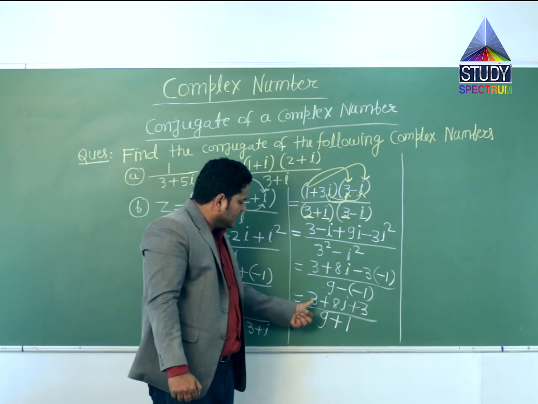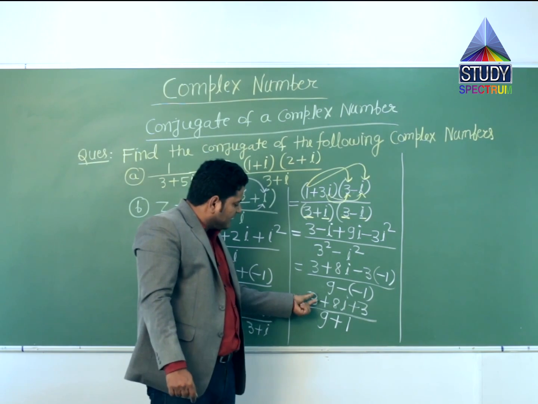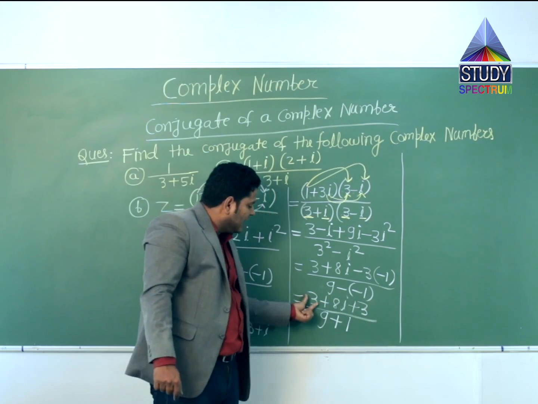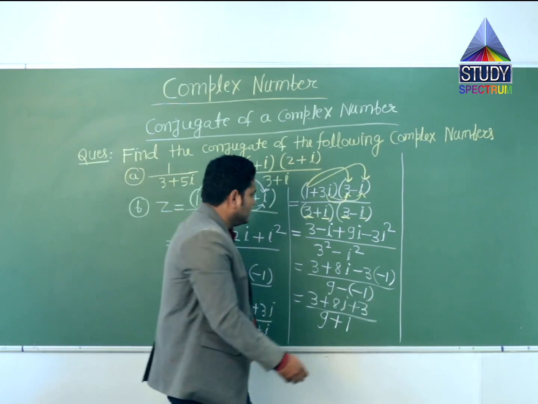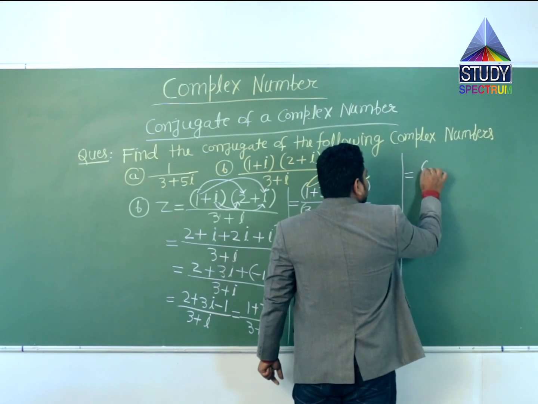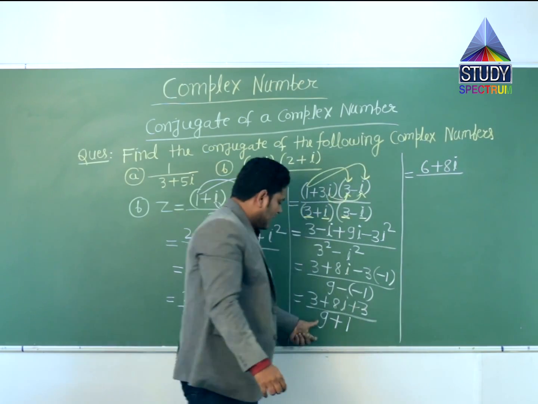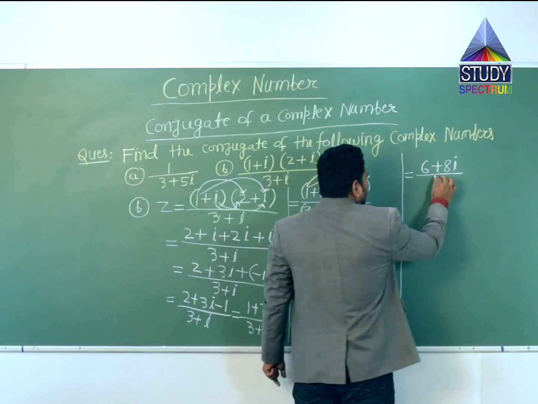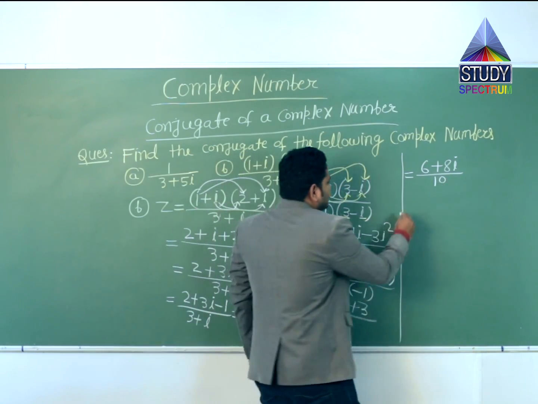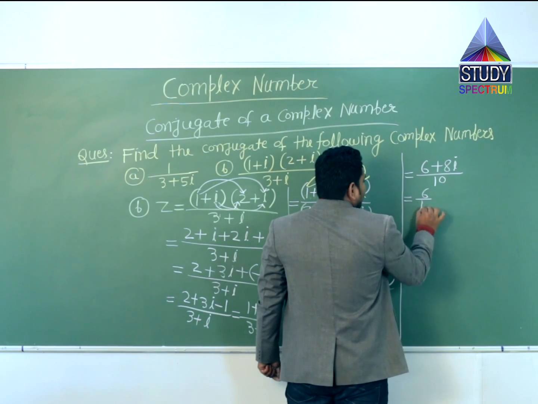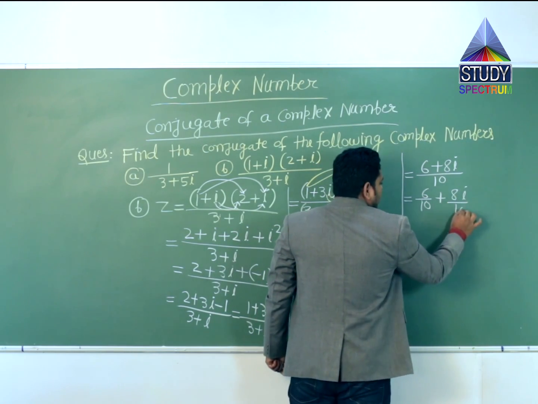So now we will add or subtract terms with i, and without i with without i. So here 3 plus 3 is 6, 6 plus 8i divided by 9 plus 1 is 10. So we can separate here 6 by 10 plus 8i by 10.